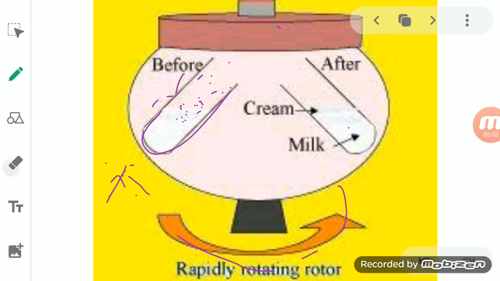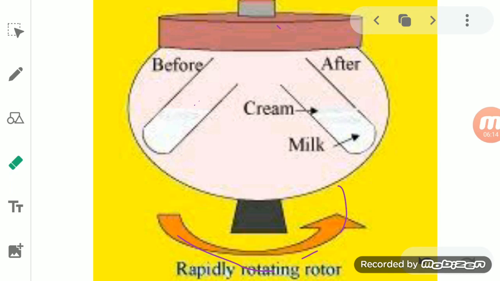As they get heavier and settle down, the liquid present in the mixture is lighter. Being lighter, that liquid remains on the top. So this is the process of centrifugation.